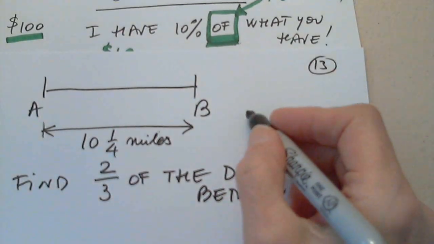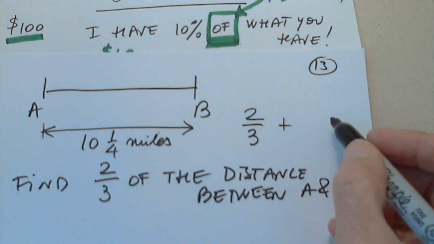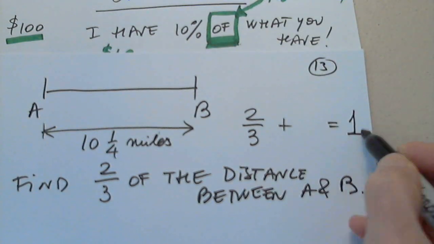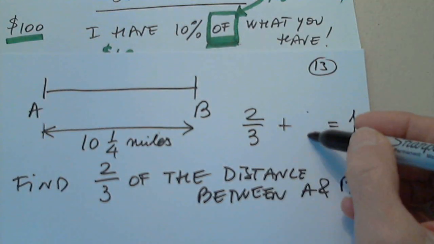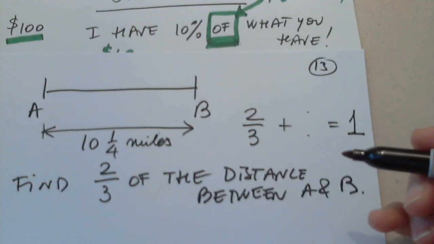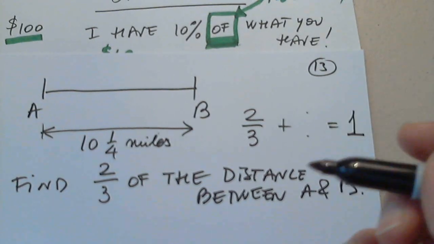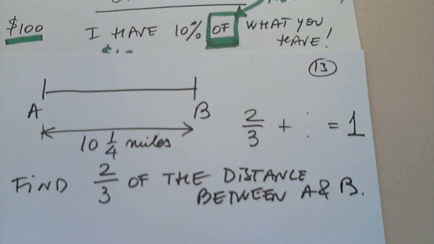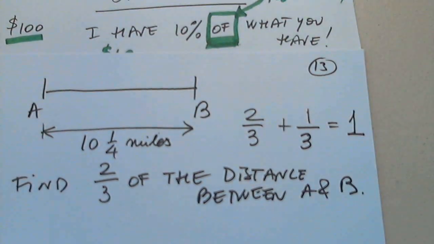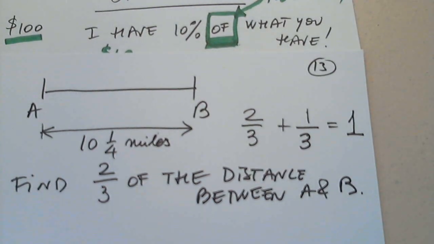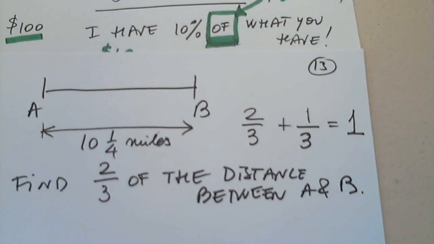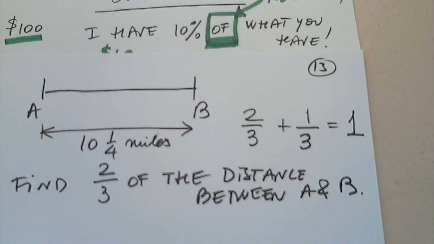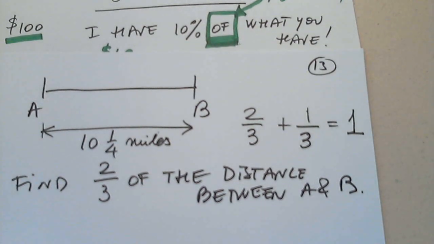When I say the rest, what do I mean? The leftover distance. You mean 1/3. That's what I meant. If I drive today 2/3 of the distance, tomorrow I will have to drive the rest, which is 1/3.